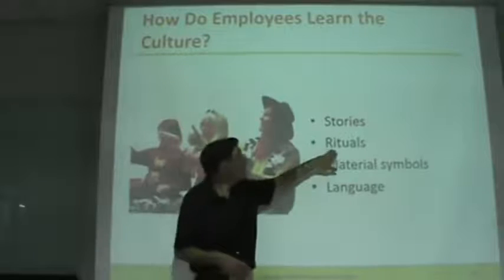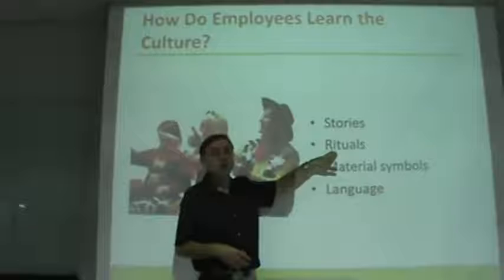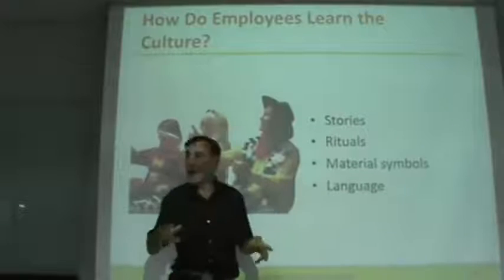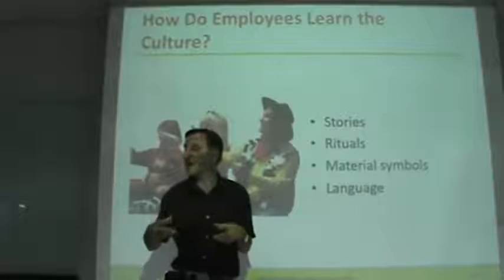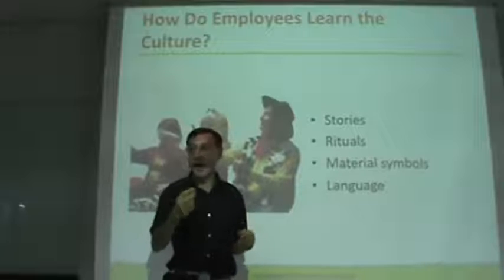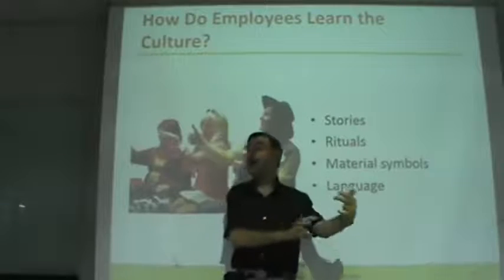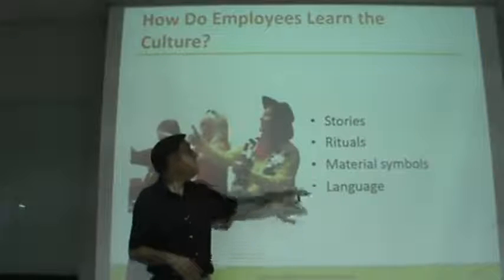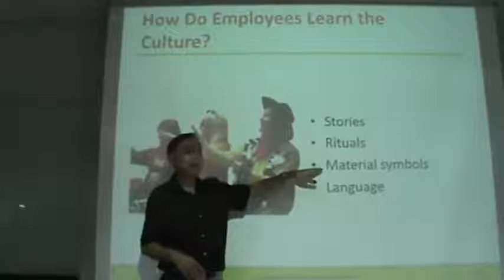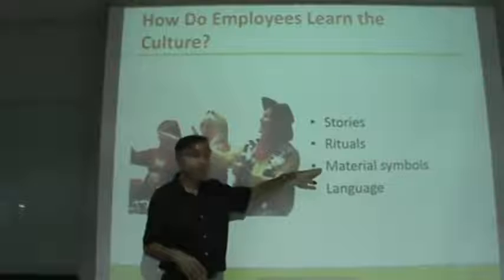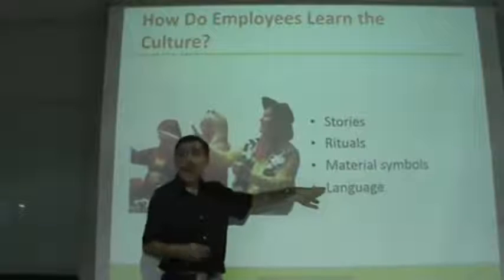The other thing is rituals. A ritual is doing a particular thing in a particular way. We say, oh, we do it this way, we do it that way. Then there are material symbols and language.